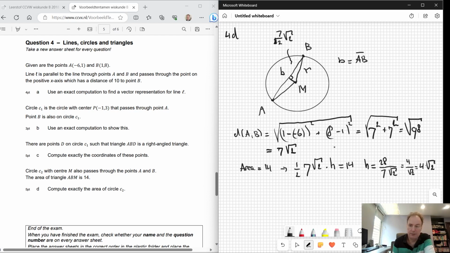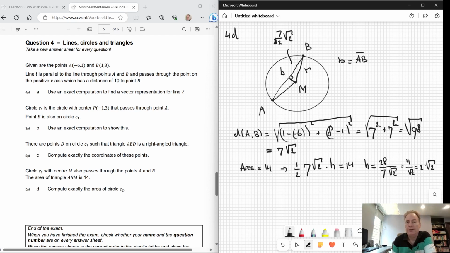No, I need to divide by 2 here. So again, I divide numerator and denominator by the square root of 2. I get 2 in the denominator, so 4 divided by 2 is 2. So that is our h.